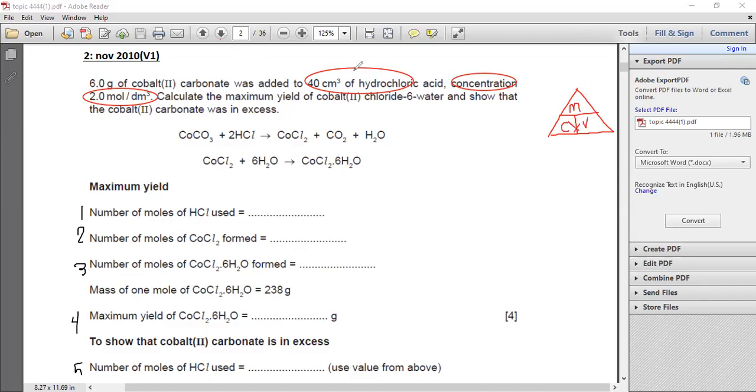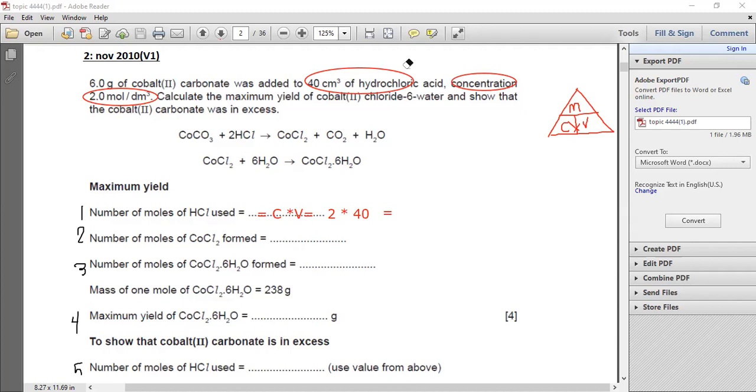So I will write here number of moles equal concentration multiplied by volume equal. Concentration is 2, so I will write 2 multiply volume, which is 40. Okay? Then equal. There is a mistake I did here. Who can tell me what is the mistake I did? The volume is in centimeter cube. Yes, excellent. Yes, yeah, exactly, precisely.